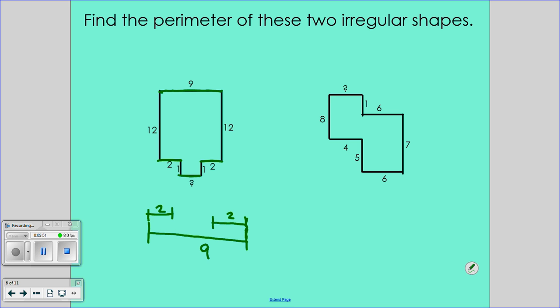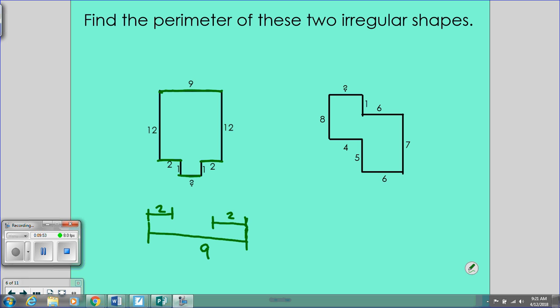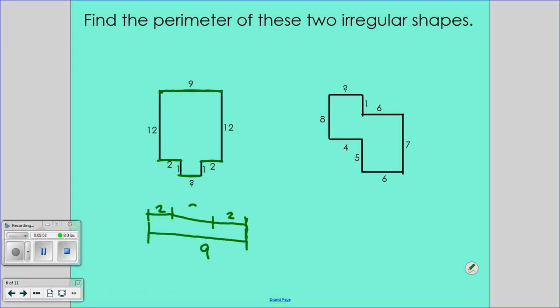Alright, so now we have our 2 and 2s put in place. And we know our middle distance is our question mark. Now that we've set up this part-whole drawing, what is going to be the value of our question mark, or value of our missing side?